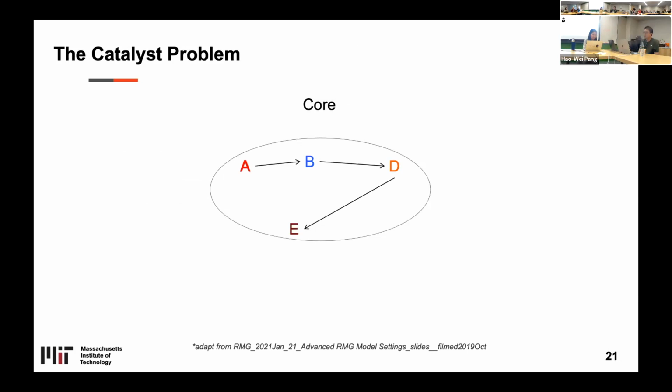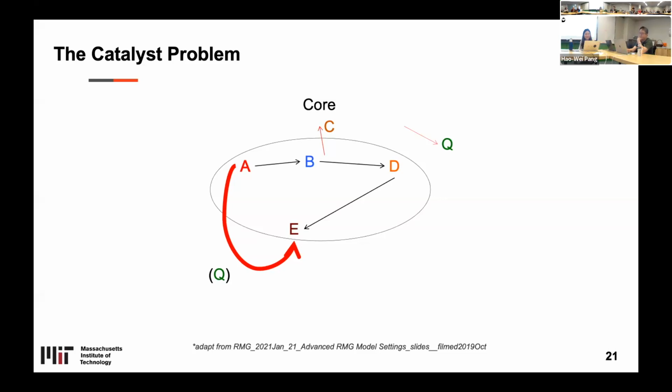The catalyzed problem means this. We have a model, we have species A goes to B, goes to D, goes to E to form this species E. But there could be a low flux pathway going from B to C and then C to Q, but Q plus A has a very high flux to form E. This can happen quite easily.